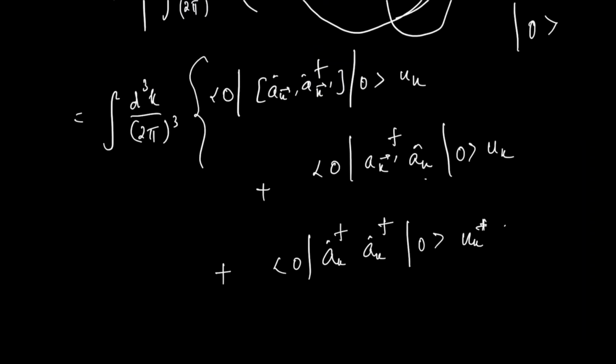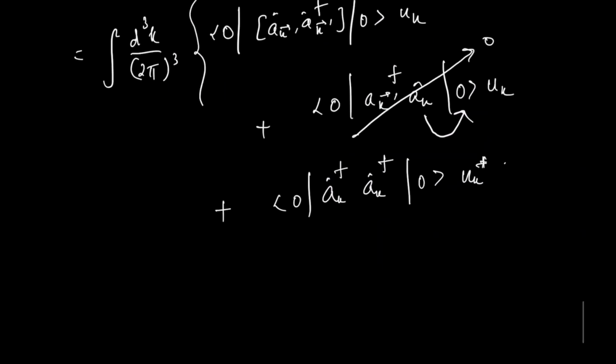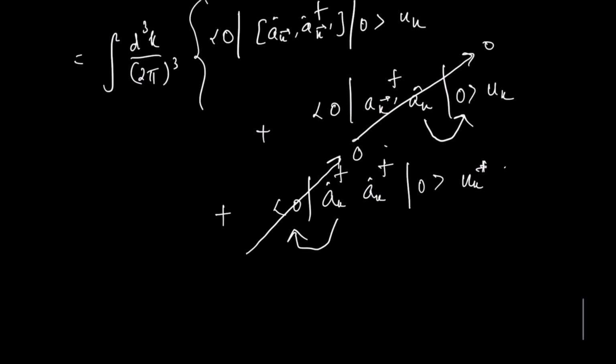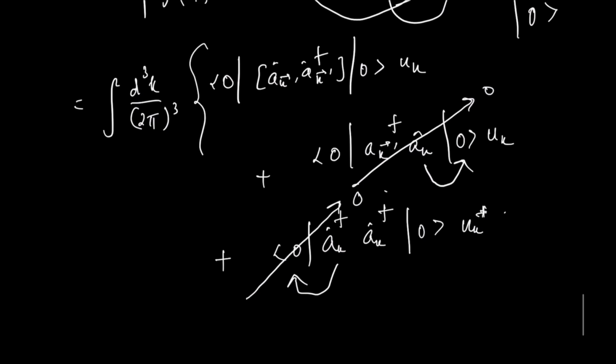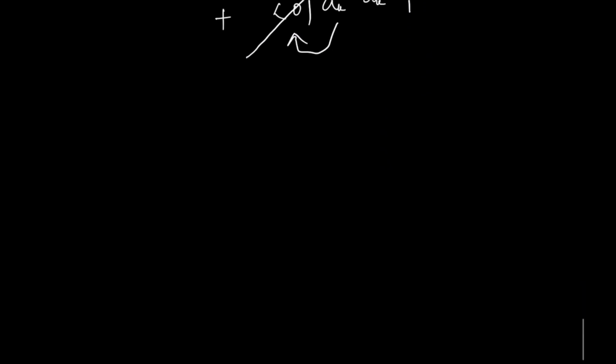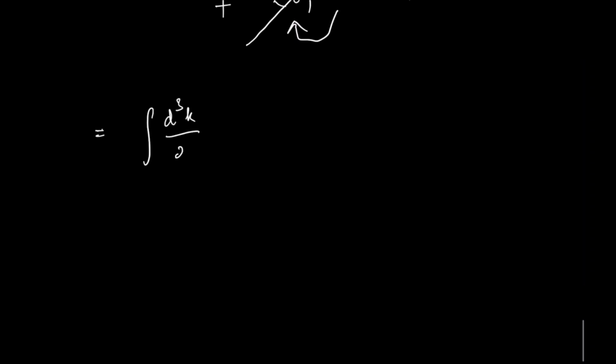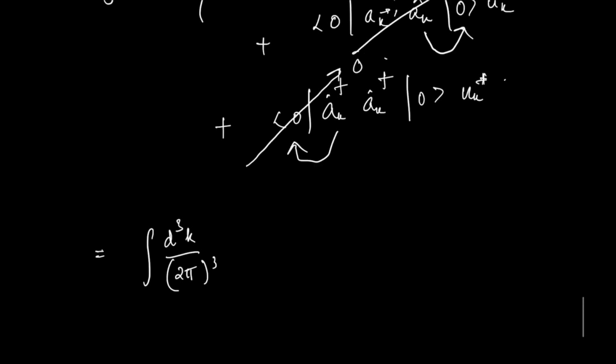So here if you see ak acting on 0 will be 0, so this entire term will be 0. And if you see here a dagger acting on 0 will be 0, therefore this is also 0. So I have only the first term, which is equal to integral d cube k by 2 pi cube, right?